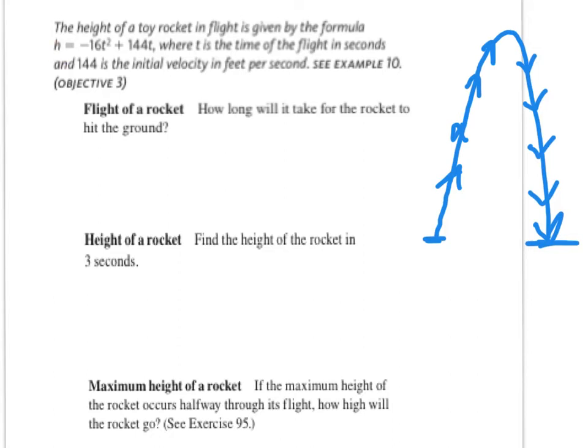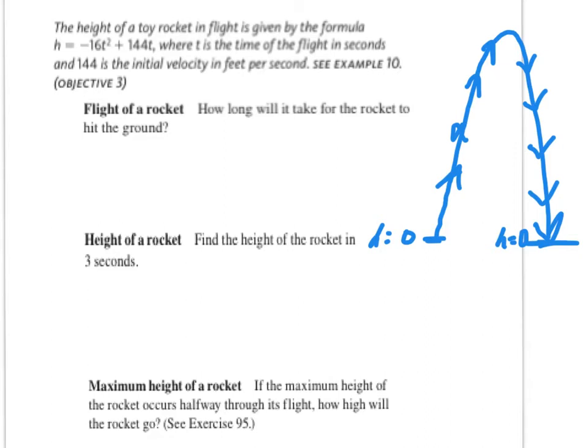H is the height at any given point in time. Again, we're actually starting out with h equals 0, and then h equals 0 when it gets back down here. Then it's at various heights on its way up and on its way down, and somewhere along the way it's at its peak.